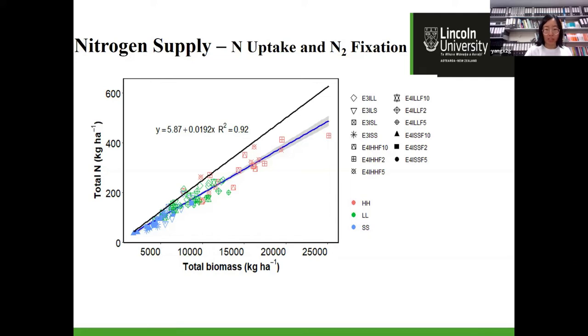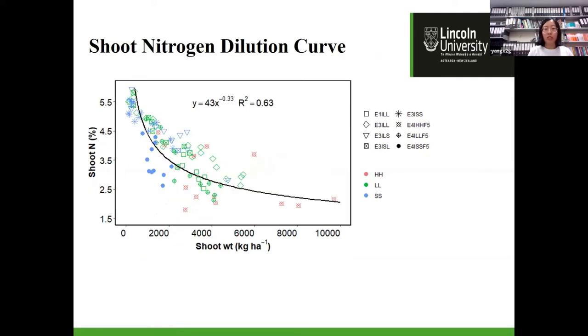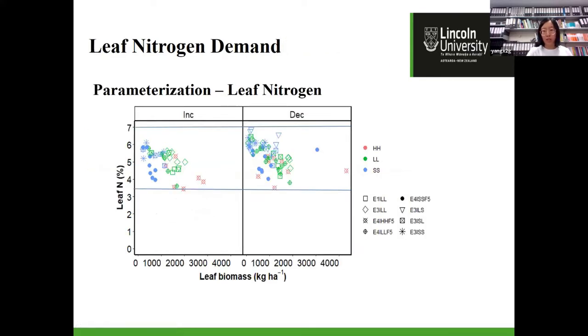photosynthesis process. This is a shoot nitrogen dilution curve, with our shoot nitrogen concentration and shoot biomass. This is what is typically used for analysis. However, for APSIM, we have to divide that into leaf and stem. If we look at leaf nitrogen, the maximal is about 7, although those points are probably 6.5.